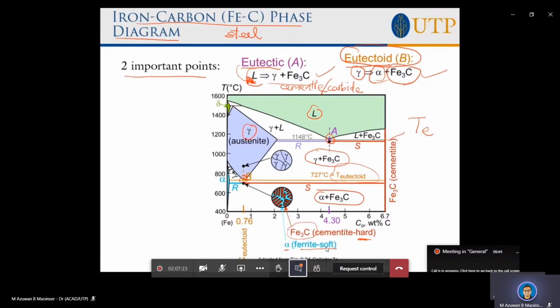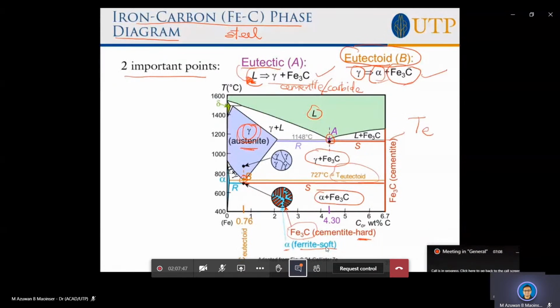Similar to eutectic microstructure, right? Very similar, alternating layers, the concept is all the same, except that it is conversion from solid gamma, austenite, into alpha and cementite. So eutectic, before we learned, is like conversion from liquid to alpha and beta.